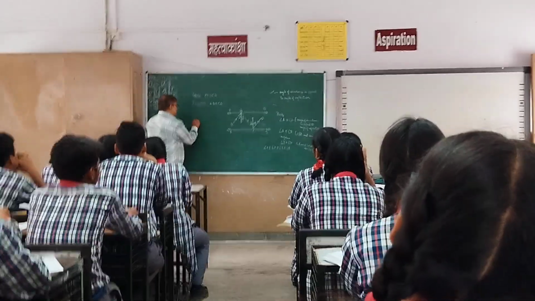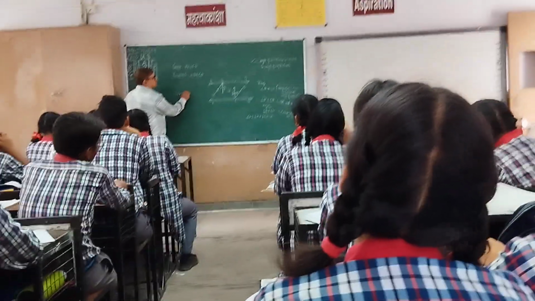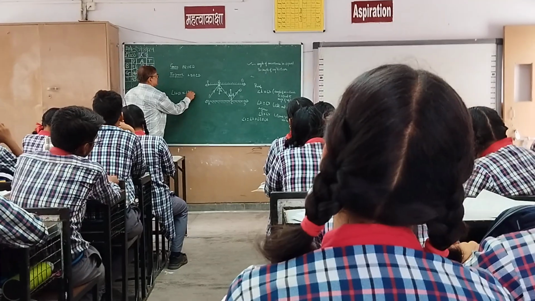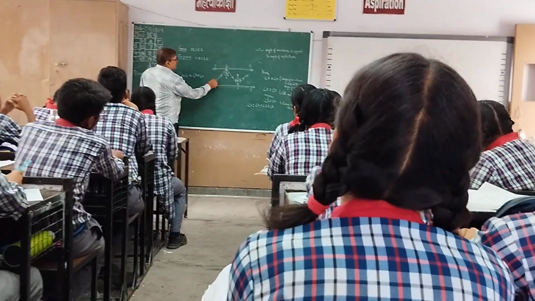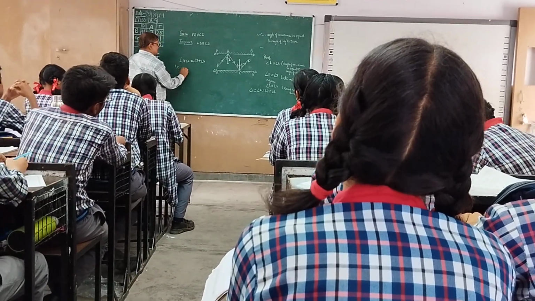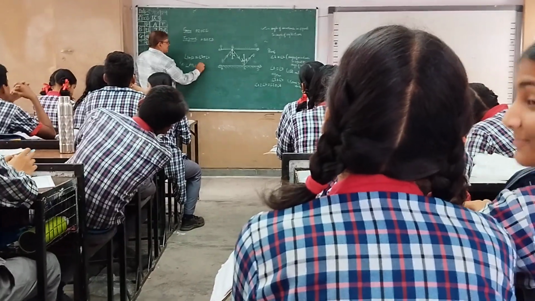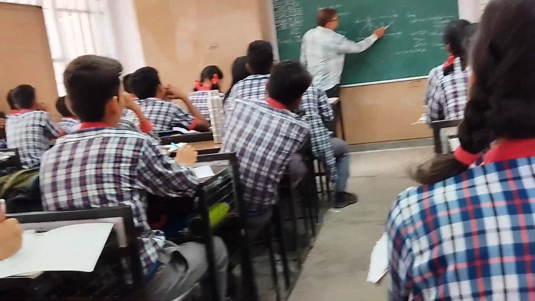So we can write angle 1 plus angle 2 is equal to angle 3 plus angle 4. That is, angle ABC is same as angle BCD.